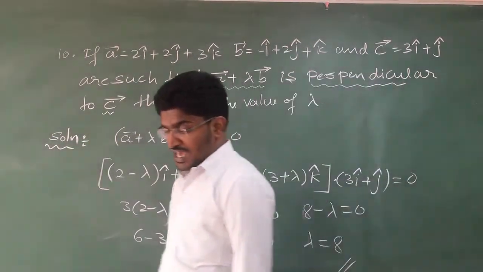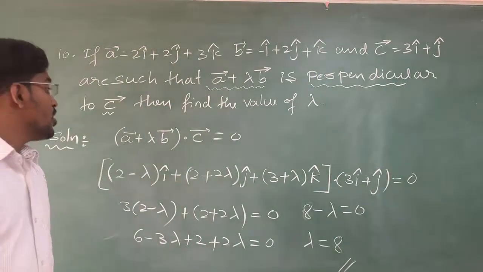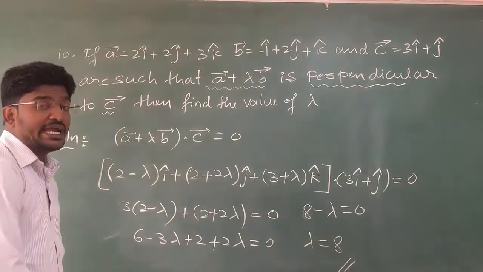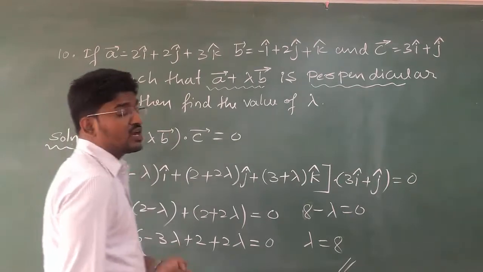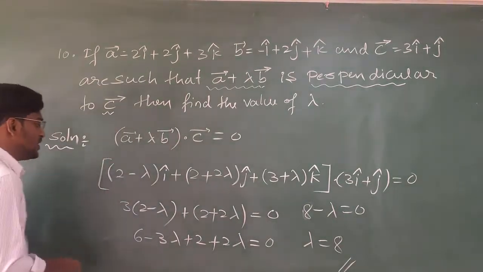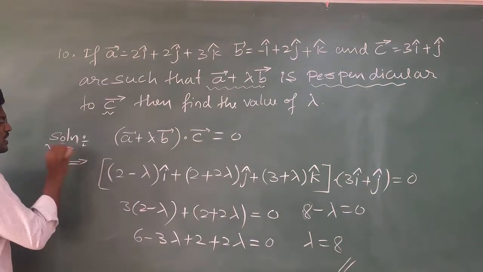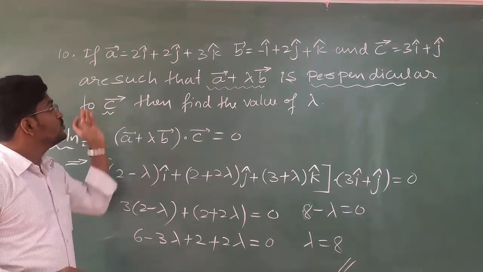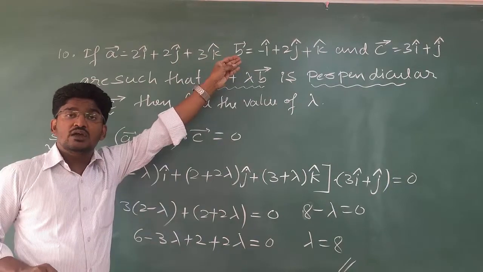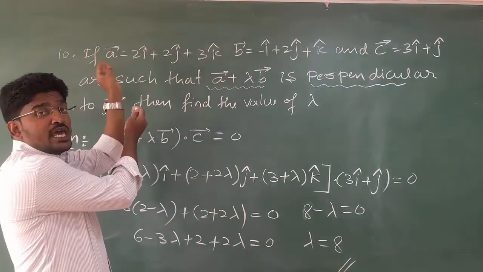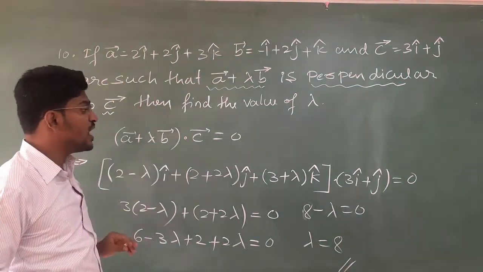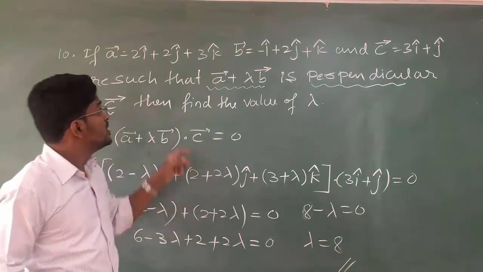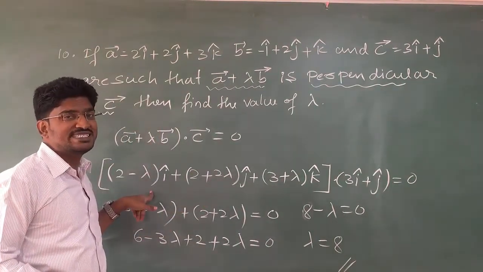Clear? Like this way, this problem has to be simplified very carefully. Especially whenever you are solving this step. Clear? Because you are multiplying lambda to B, then you are adding that term to A. Okay, so that's why be careful whenever you are solving this step.